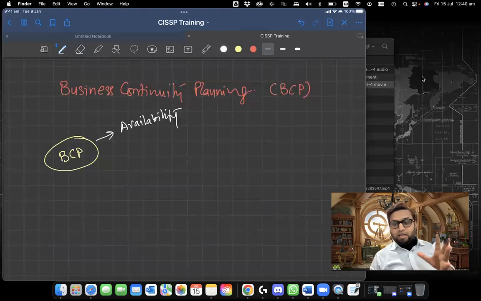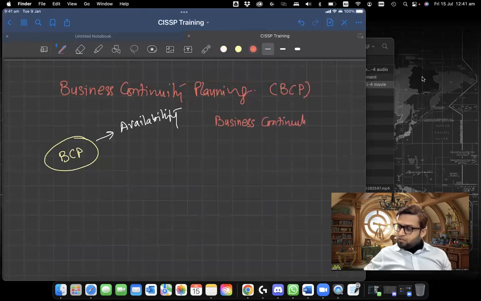There is a broader term which is called business continuity management, which we also should know. I'm writing MGMT for management.